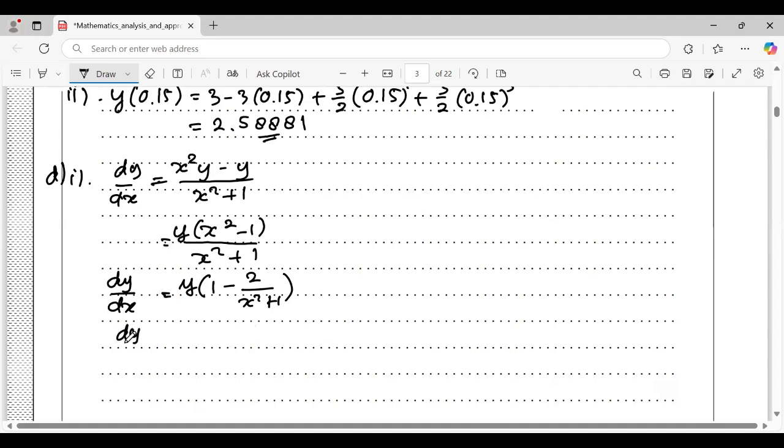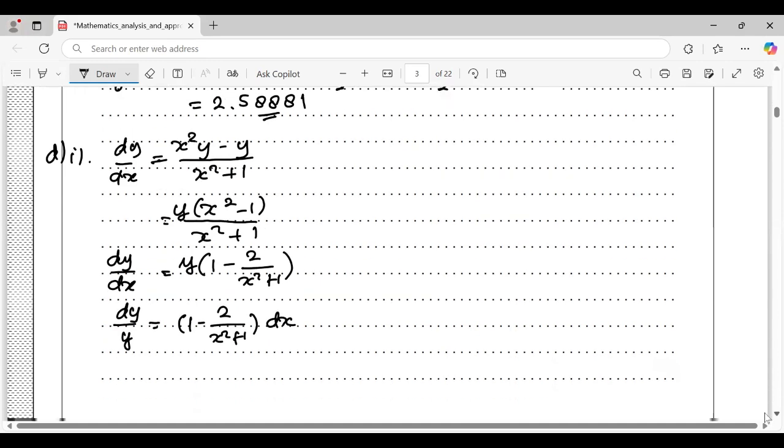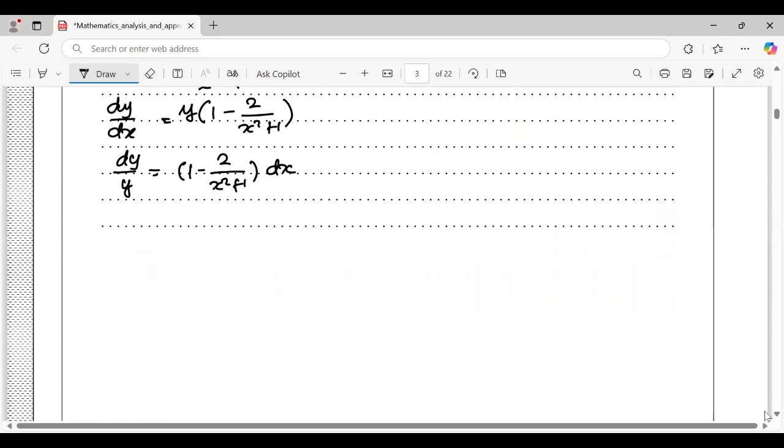So that's dy/dx. And we can rearrange it to become dy over y equals (1 minus 2 over x squared plus 1) dx. So after that, integral dy over y equals integral of (1 minus 2 over x squared plus 1) dx.